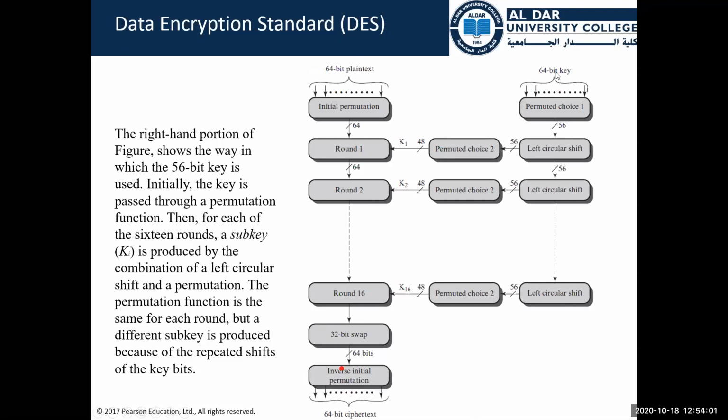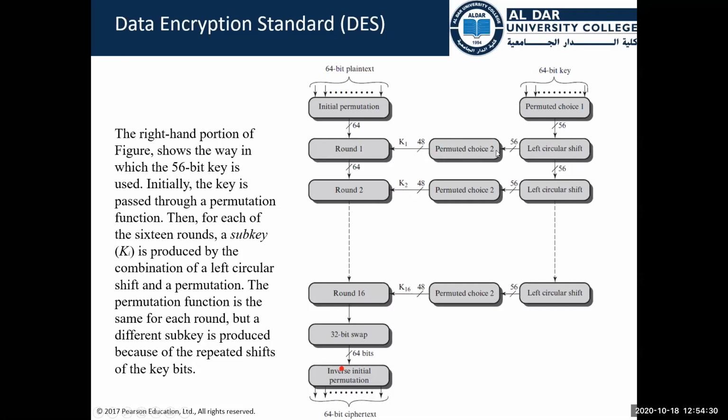For the key, we have a 64-bit key here to the right, and from that key we extract a 48-bit key for each round. The extraction is done by a left circular shift, followed by permuted choices.